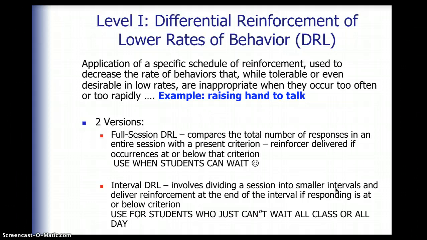This works, the full session DRL works when a student can wait. Other students can't wait through a whole session. They couldn't wait for that whole 15 minutes. Or for some students, we can reinforce at the end of the day or the end of the week or the end of a grading period. But there are other students that need much more frequent reinforcing.